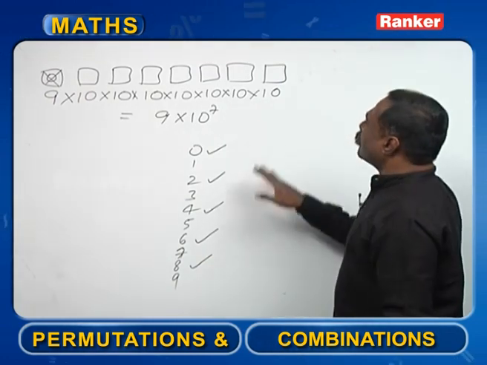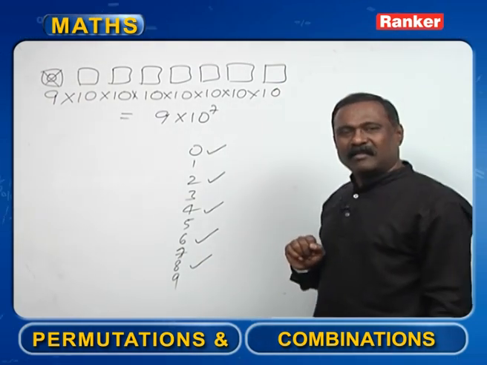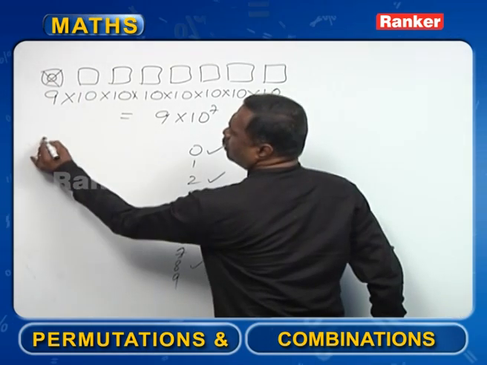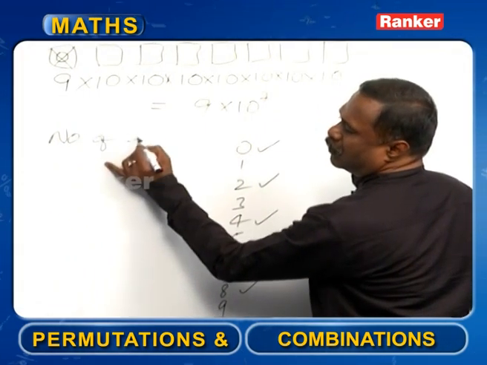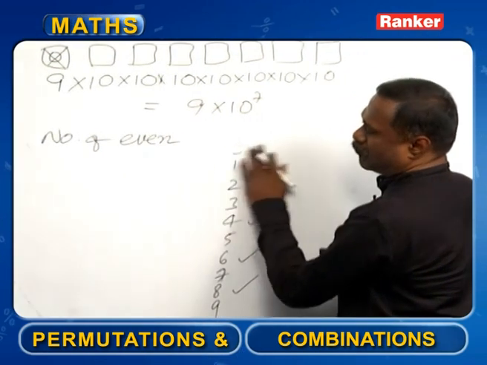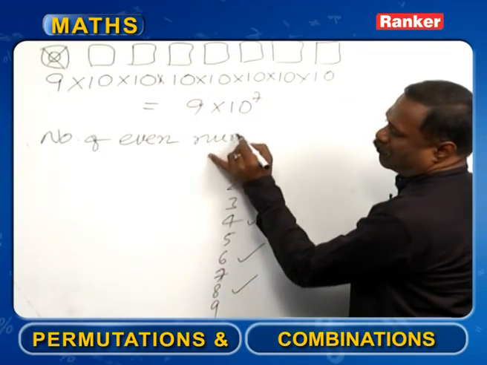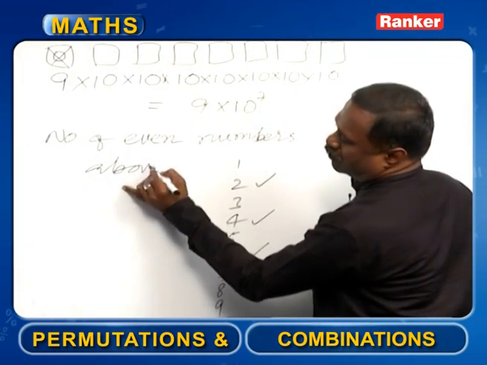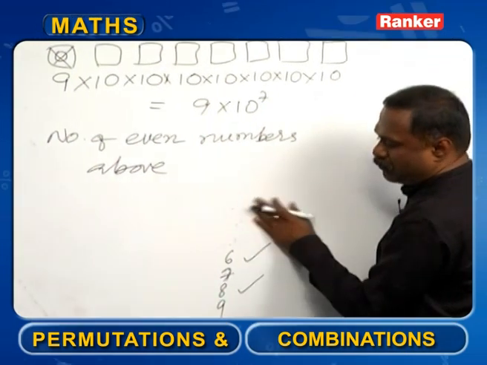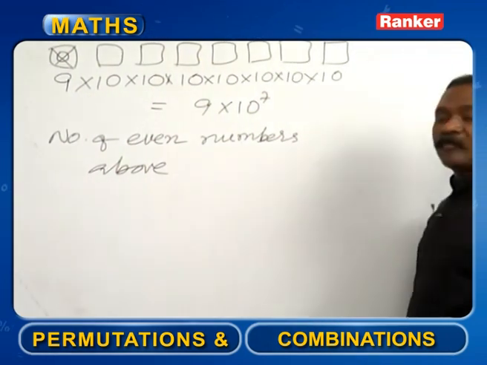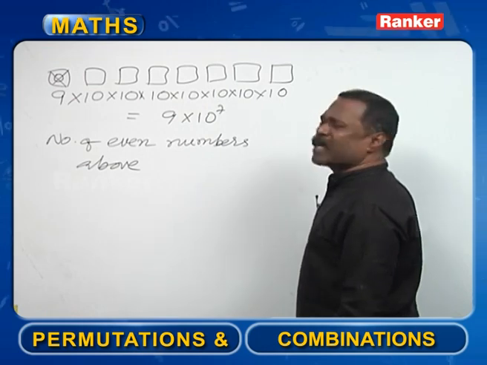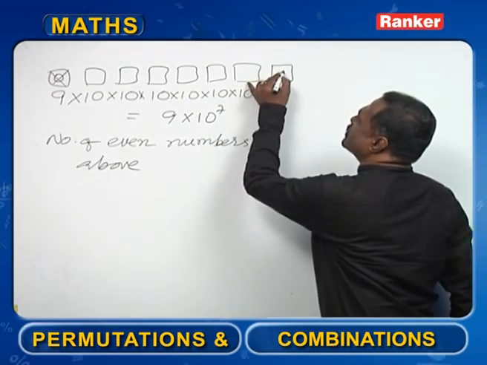Then what I'll do is like this. What I need now is the number of even numbers above. We need that. So what I'm doing, first I'll fit 0 here.